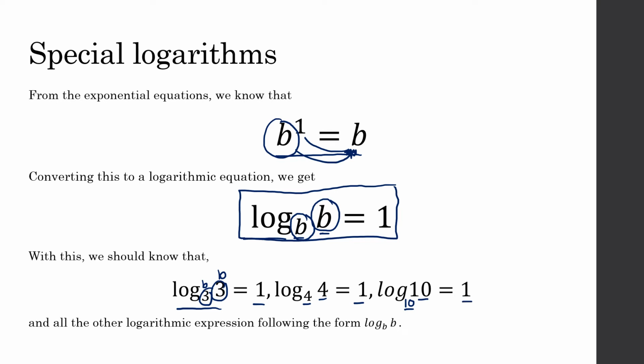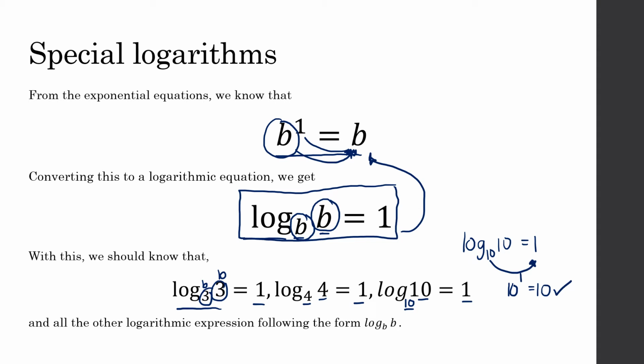The proof of this is always the exponential form. For instance, the log base 10 of 10 equals 1. When we convert this back to exponential form, this is 10 raised to 1 equals 10, and it's indeed equal, or the two are equal in value.